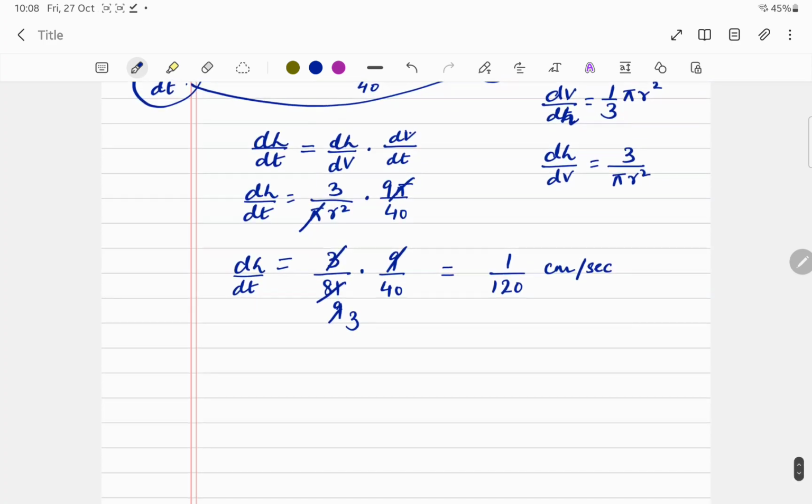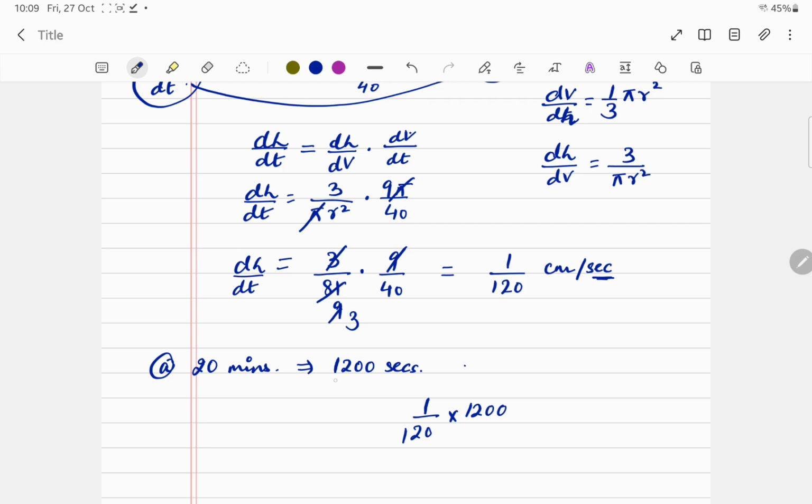We have to find how fast it is falling at 20 minutes, right? If we had used minutes, it would have been easier, but it's fine. 20 minutes is 20 times 60, which is 1200 seconds. So you have to multiply 1 over 120 by 1200, because this is per second.